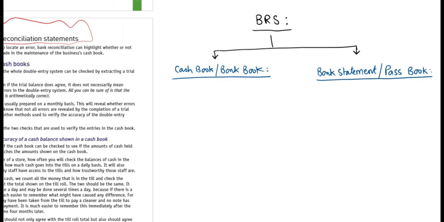What is the cash book or bank book? The cash book provides us with the balance we have in our bank account, and for each bank account a separate record is maintained. A business maintains a cash book for its own record, and the business having a bank account, the bank will maintain a bank statement for that business.